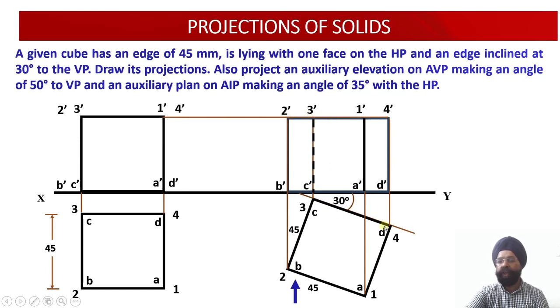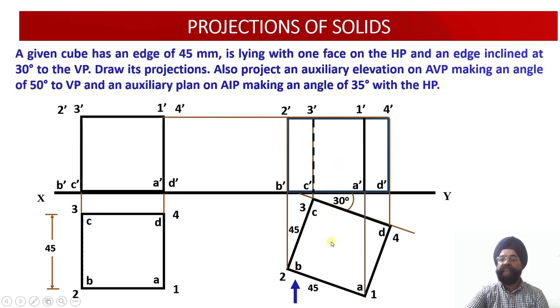Similarly, this 3 dash, 4 dash edge is again part of the boundary, so it will be drawn dark. Similarly, B dash, C dash is again part of the boundary, so it won't be drawn dotted, and C dash, D dash will also be drawn dark. So these are the projections of the inclined solid in which one of the edges is inclined with respect to the vertical plane at an angle of 30 degrees.